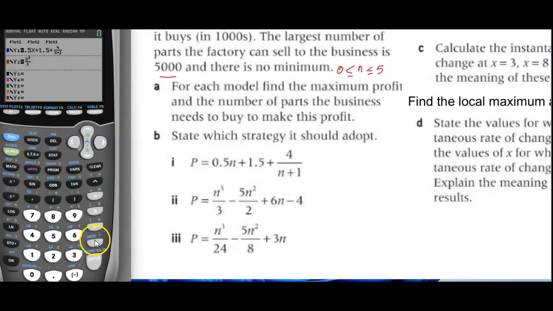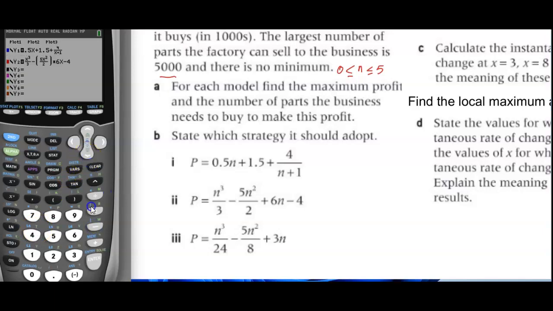And then I'm going to put plus or minus 5x squared divided by 2. So I'm going to put the vertical fraction again. 5x squared on top, 2 on the bottom, and then 6x minus 4.